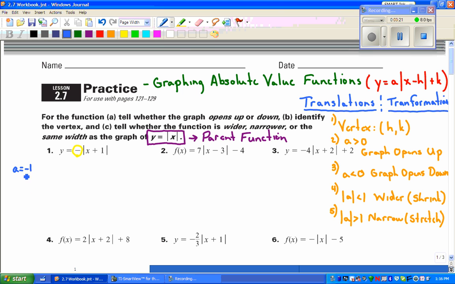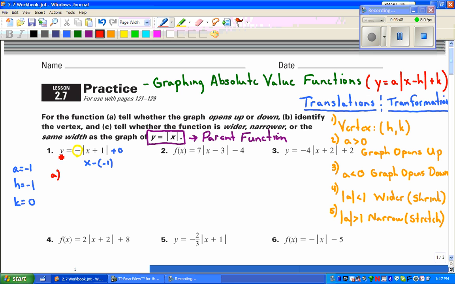Also, we have my h value. Right here it says +1, and this says x minus -1. So really what we're looking at is x minus a -1. So my h value really is -1, and then k back here, I really have a +0, so we have 0.